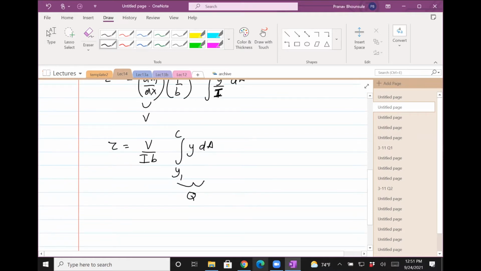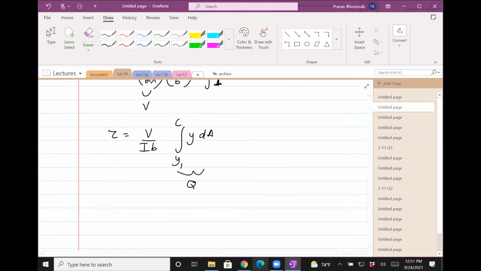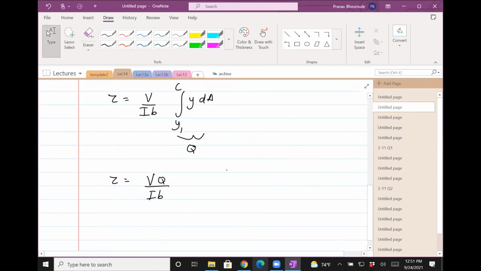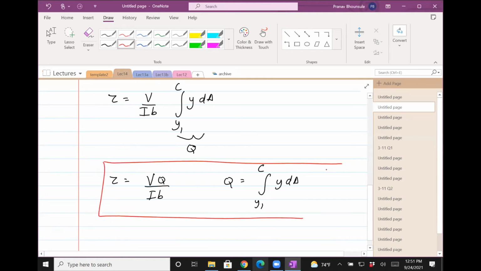I'm blanking on what it's called; I'll fill in the details next time. But the equation for the shear stress is VQ divided by I times b, where Q is the integral of y dA from y1 to c. I'll continue next time, but this is the key formula.